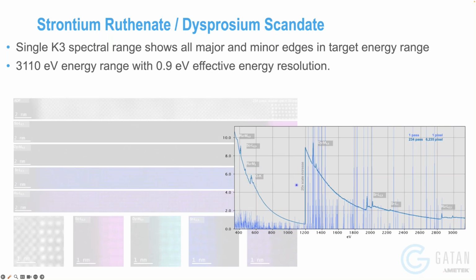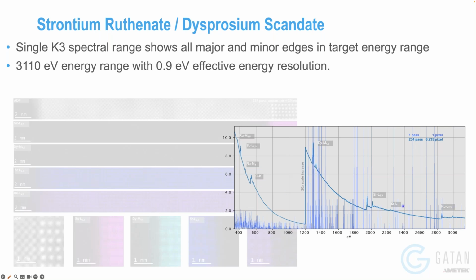So with this K3 data set, I can do fine structure analysis on the oxygen K, which in this experiment is important information to get out. We want to do ELNES analysis on the oxygen K. We probably want to do ELNES analysis on the ruthenium L, or at least have the option to.